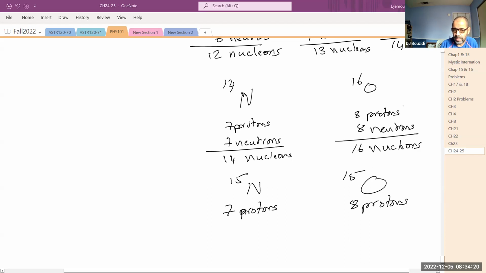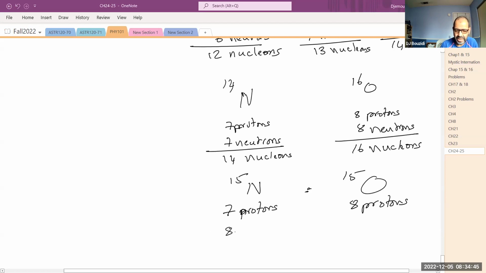Okay, so this is an isotope of oxygen, and this is an isotope of nitrogen. In terms of mass, they have the same mass. They weigh the same. Although chemically, they are not related whatsoever. One of them is nitrogen, the other one is oxygen, because the number of electrons is 7 to compensate the 7 protons, and the number of electrons in here is 8 to compensate for the 8 protons.